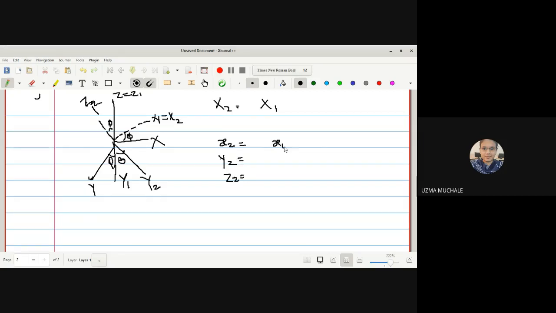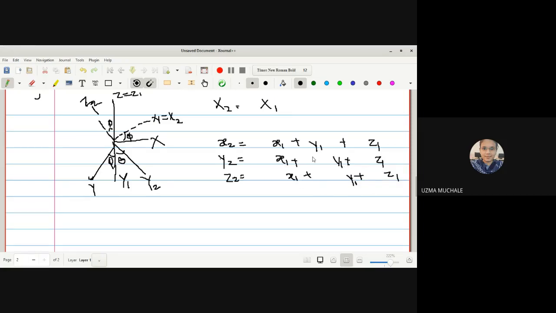It will be in terms of x1, y1 plus z1. Similarly, here it will be again in terms of x1, y1 and z1. Next, the angle between x1 and z2, y1 and z2, z1 and z2.